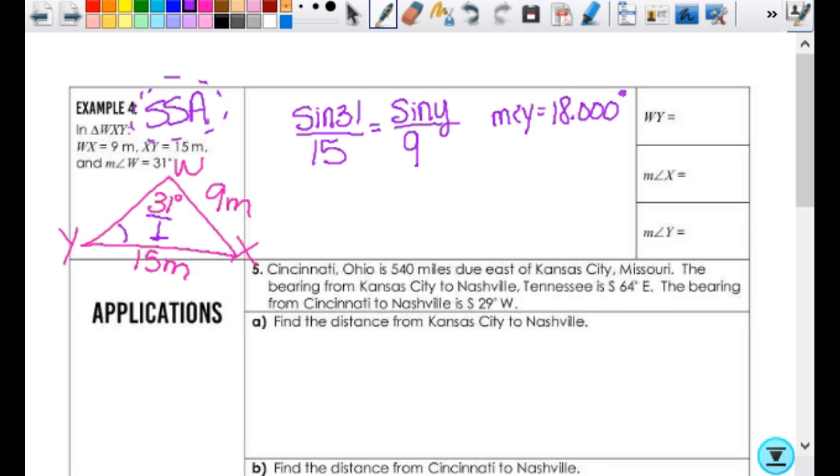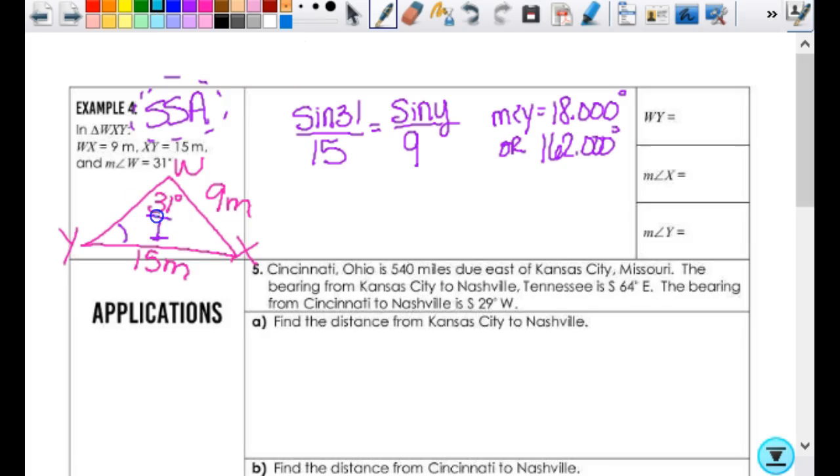Is that my only option? No, because this was the ambiguous case, right? How do I figure out what the other possibility is? Subtract it from 180. So 180 minus that number, and that's going to give you 162.000, right? Now, are we guaranteed that they both work? No. Could they both work? Yes, they could.